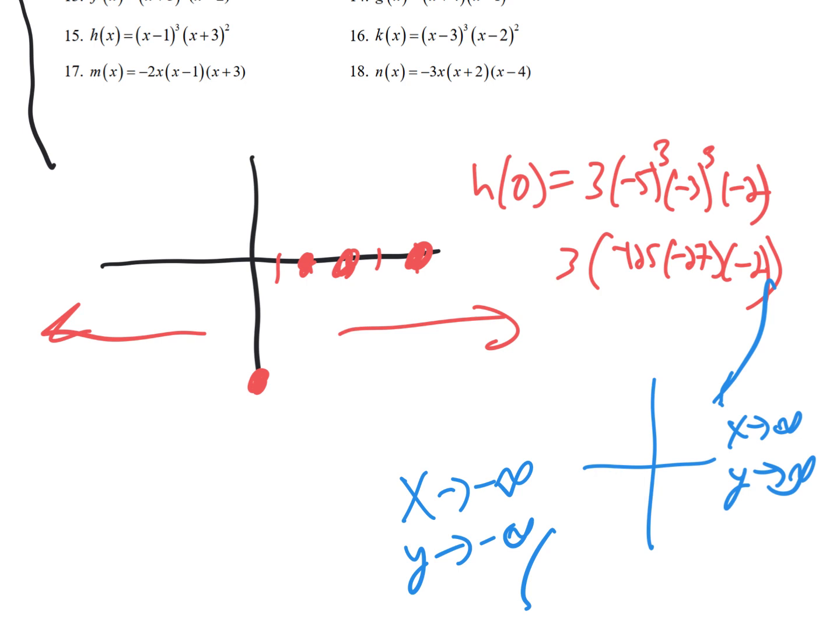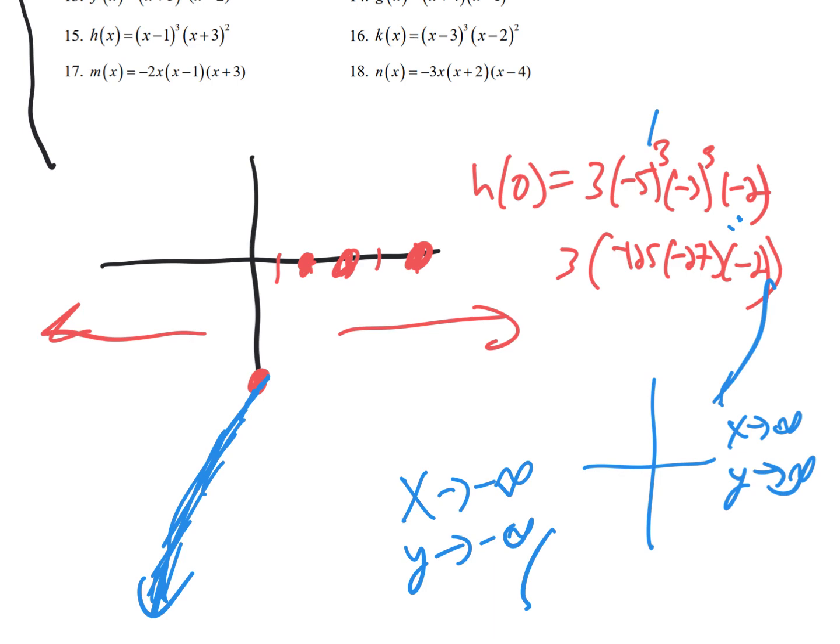So that tells me it's going to look something like this. I know it's got to cross through this point, and it's going to head down to negative infinity, with probably some kind of curve going on. Then I also know these things in multiplicity. Let's start with the smallest. At 2, that's just multiplicity 1, so it's just going to pass through.